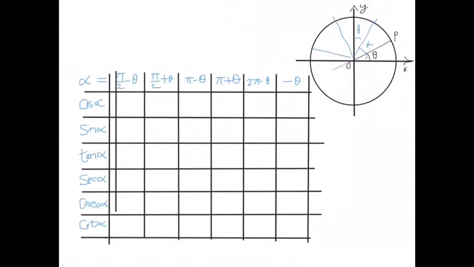When it is pi plus theta, it might look something like this. And when it is 2 pi minus theta, it would look something like this, which is also what it would look like when alpha is minus theta. And in each of these cases, these small angles are equal to theta. All of these angles are equal to theta.